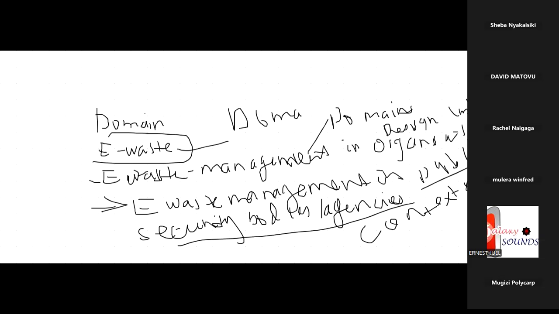For example, in terms of design, selection and purchase, government has its own unique way it does its things. In terms of maintenance, government has its unique way.